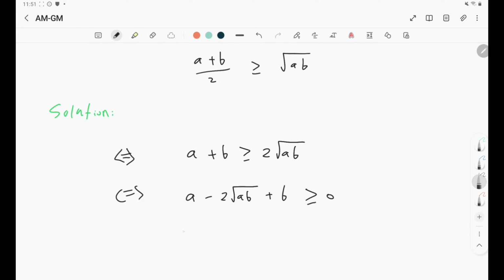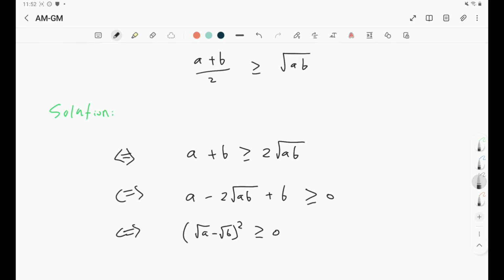Something minus 2 times the first number times the second number, plus the second number. But of course, here we've got something squared. So this is simply the formula (root a minus root b) squared. And guess what? We're done, because any square number is non-negative. Hence, the proof is done.